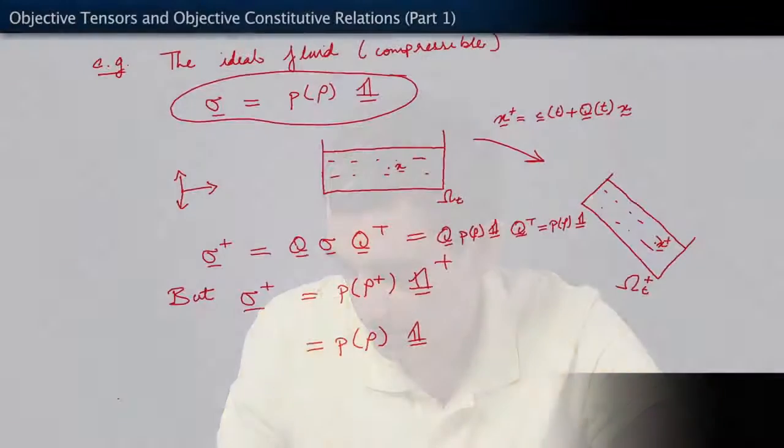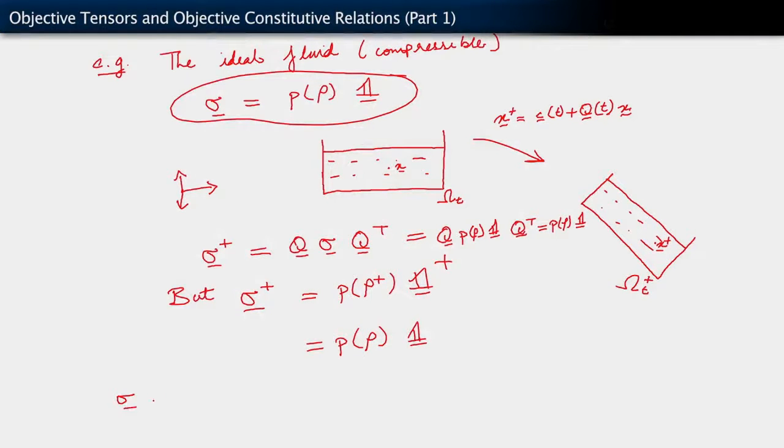It satisfies the basic rules of transformation of tensor components under rigid body motions. So sigma equals P of rho is objective as a constitutive relation.